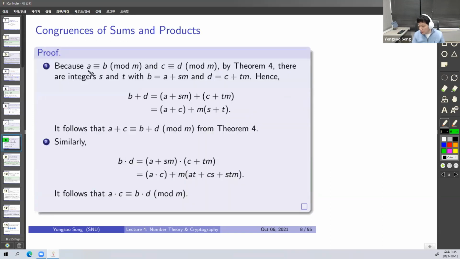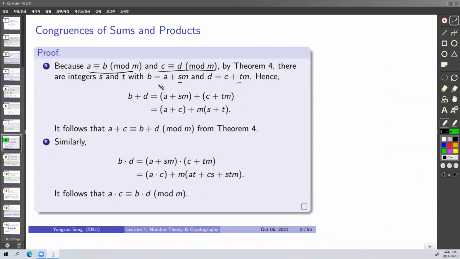From these two conditions, we have that there exist integers s and t satisfying these 2 equations, and then you can check the facts that b plus d and b times d are represented as a plus c plus a multiple of m, or a times c plus a multiple of m. So we conclude that a plus c and a times c are congruent to b plus d and b times d modulo m.